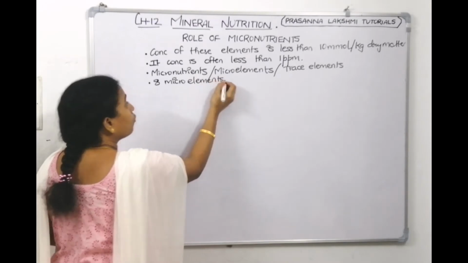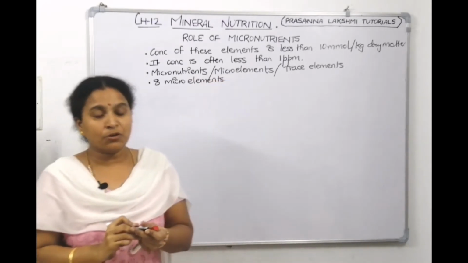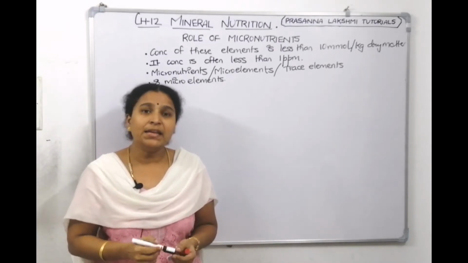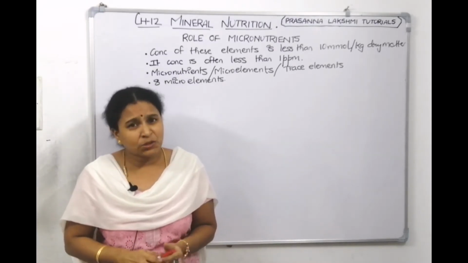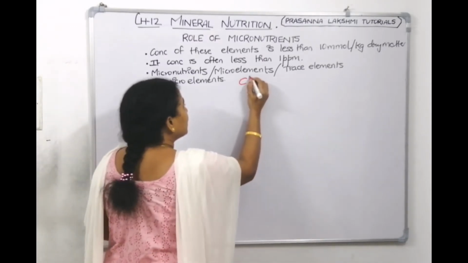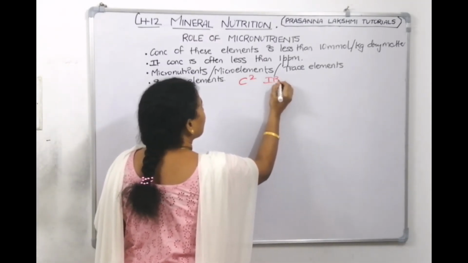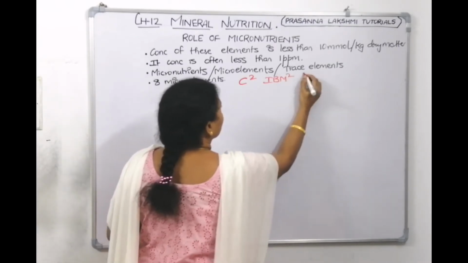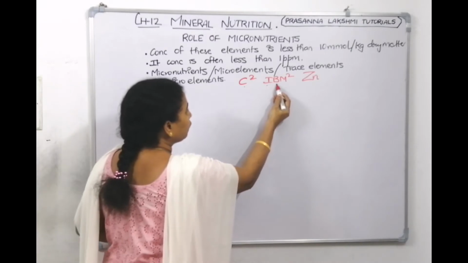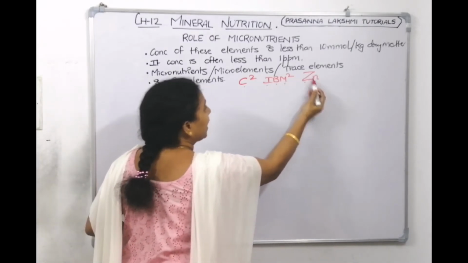Now, we made a code for the 9 macro elements: CHO, MPN and CSK. For the 8 micro elements, we made a code. What is that? C square, IBM square, Zn, right? C square, IBM square, Zn. So 1, 2, 3, 4, 5, 6, 7 and 8.